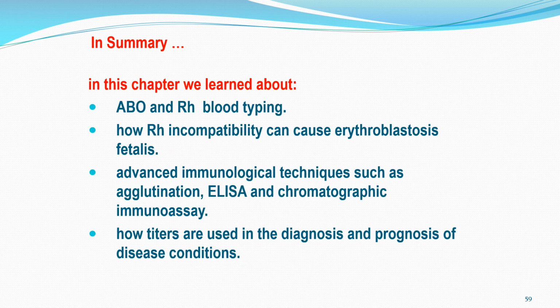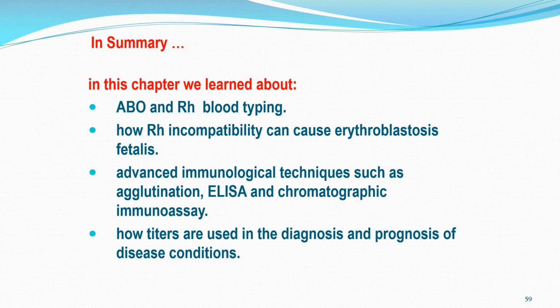We also talked about ABO and Rh blood typing, how Rh incompatibility can cause erythroblastosis fetalis, which is hemolytic disease of the newborn. We talked about advanced immunological techniques such as agglutination, the ELISA, and the chromatographic immunoassay.